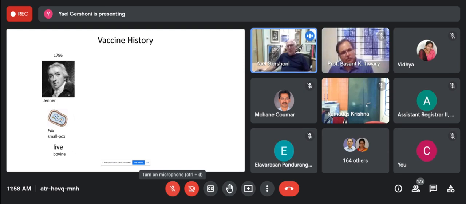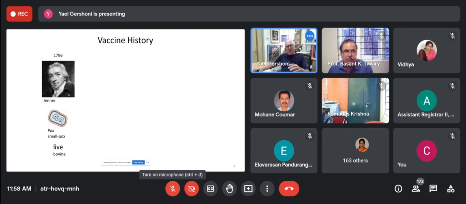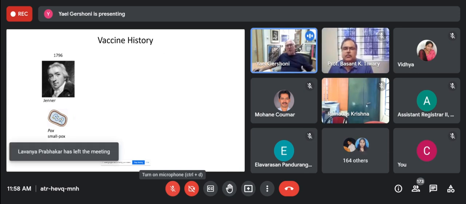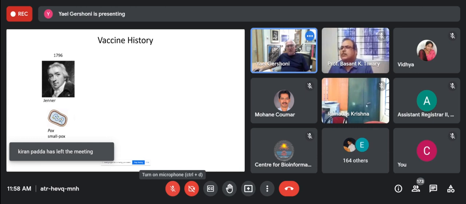And so he looked into this more seriously, and to make a long story short, he realized that milkmaids are often infected by a cousin virus, the bovine, the cow smallpox virus, and he figured out that if he inoculates people with the cowpox virus, this affords protection against the human life-threatening disease, smallpox.